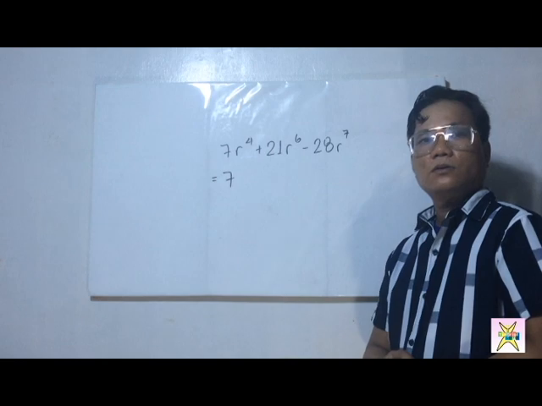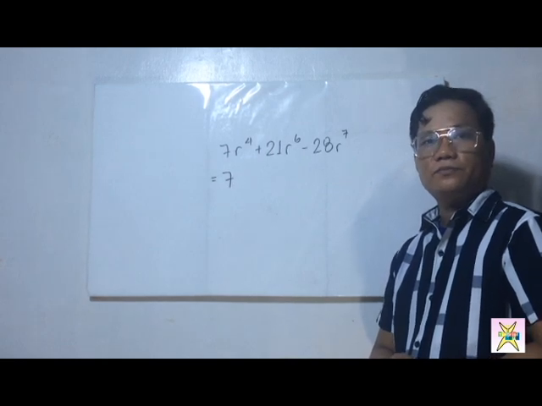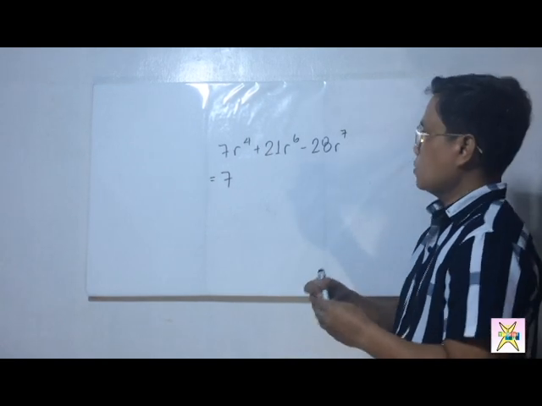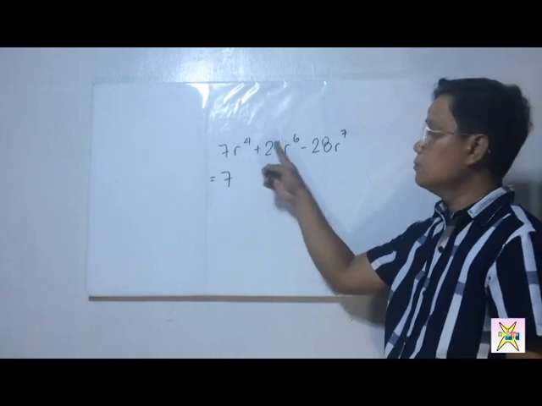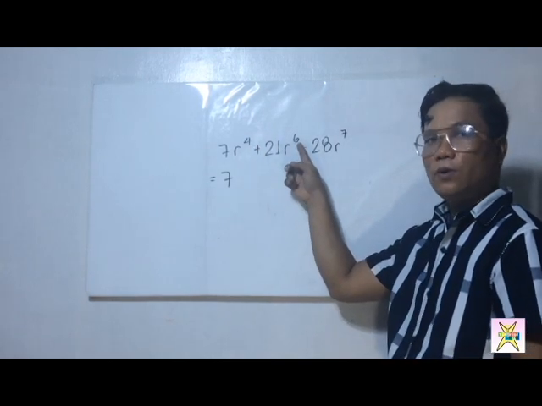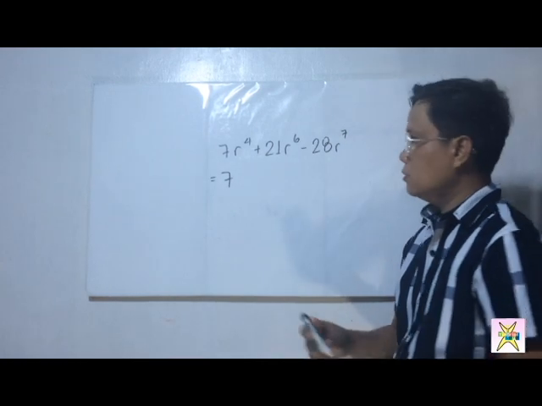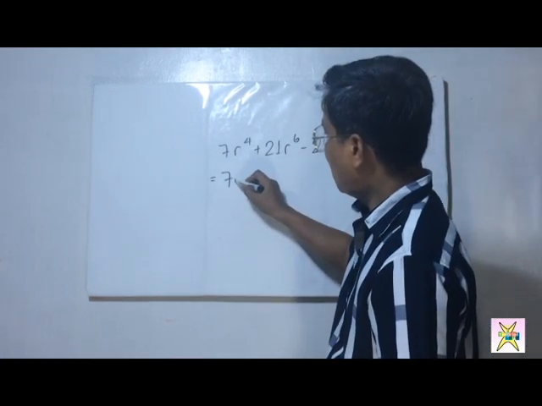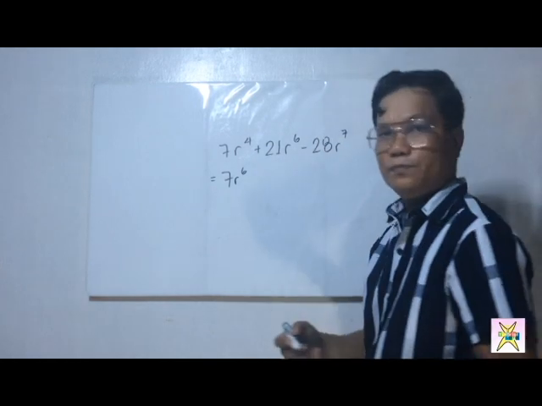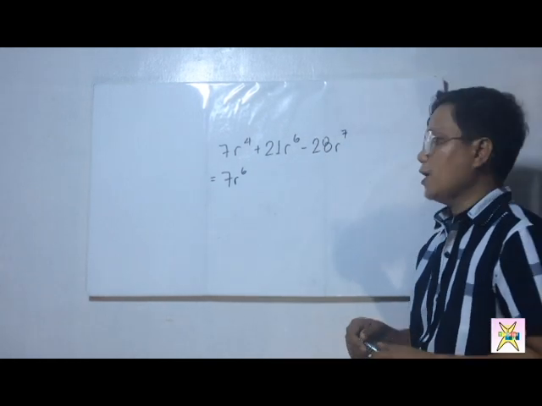How about the variable r? We have r raised to the 4th power, r raised to the 6th power, and r raised to the 7th power. Can we put here r raised to the 6th power? Let's check.